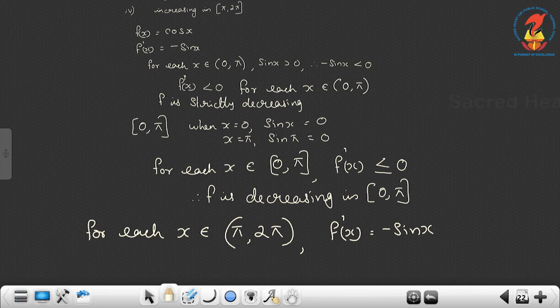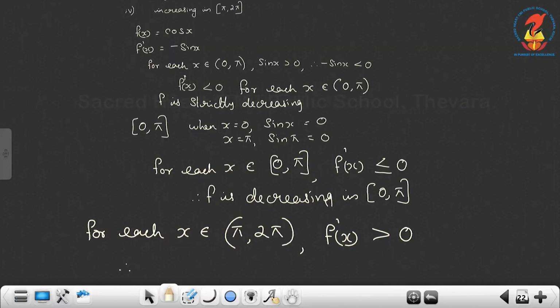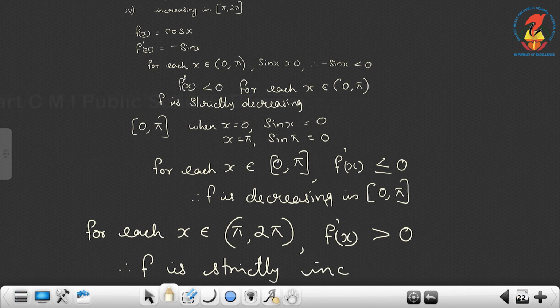Negative of negative becomes positive. So, for each x belongs to this interval, f dash x is positive. It will never be equal to 0. F dash x is positive. Therefore, f is strictly increasing in open interval pi to 2 pi.